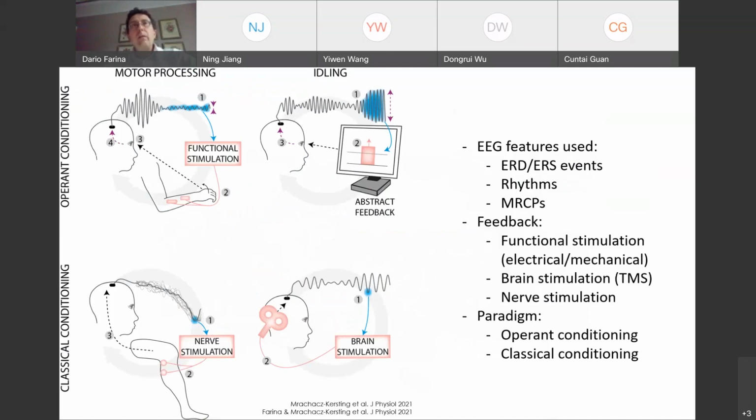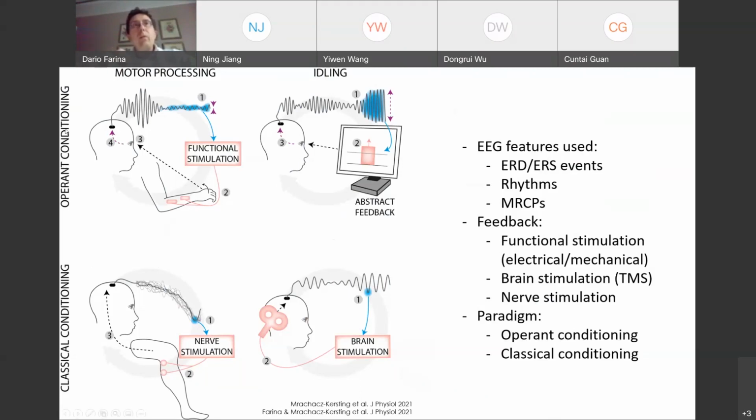Or better, we tried to classify approaches of brain-computer interfaces designed to induce plasticity in specific ways. In the horizontal classification of this grid, you can see operant conditioning and classical conditioning, which are two different ways of operation of BCI paradigms.